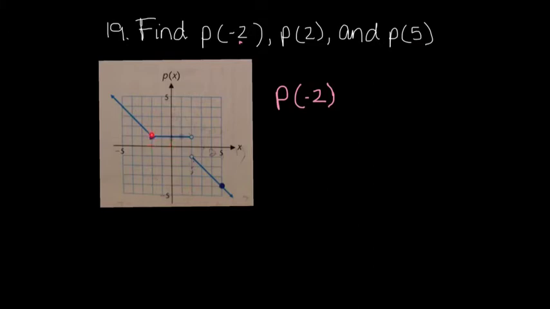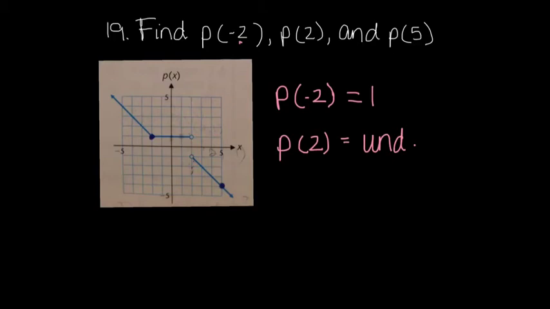So this is the point negative 2, 1, which means that p of negative 2 is equal to 1. P of positive 2, well, if I find where x is positive 2, there's no point on this graph that is 2 comma something. The open circles indicate that those points are not actually points on the graph. So p of 2 is undefined.